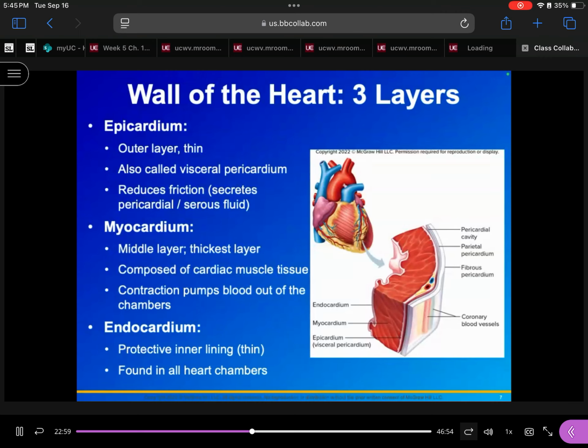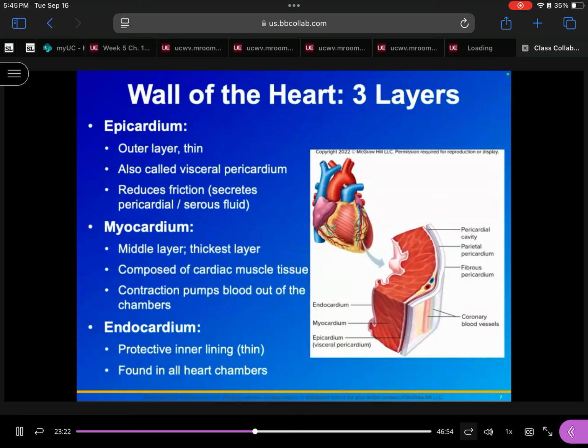Now, I want you to think about something. That endocardium, what type of texture do you think it's going to have? Is it going to be rough, smooth, fibrous, woolly? What do you think? Fuzzy? It's not fuzzy. Good thought.